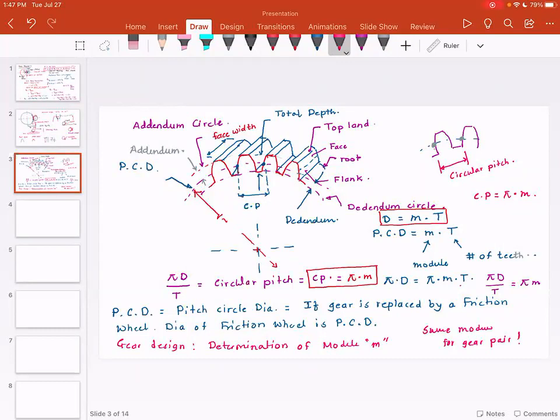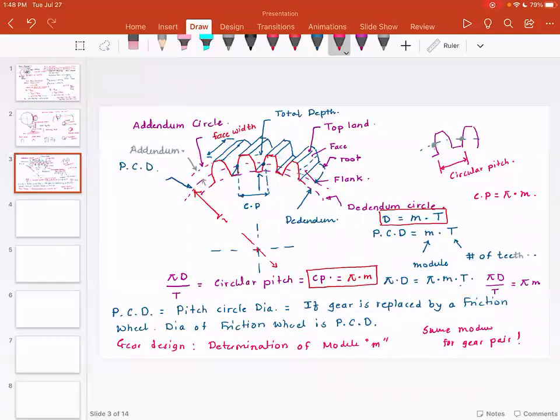You cannot mesh a 4mm module gear with a 5mm module gear. Those two gears will not mesh, and that's why module happens to be the fundamental parameter in gear design.